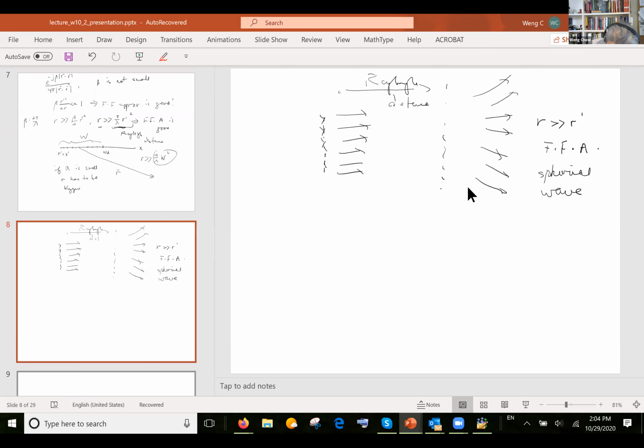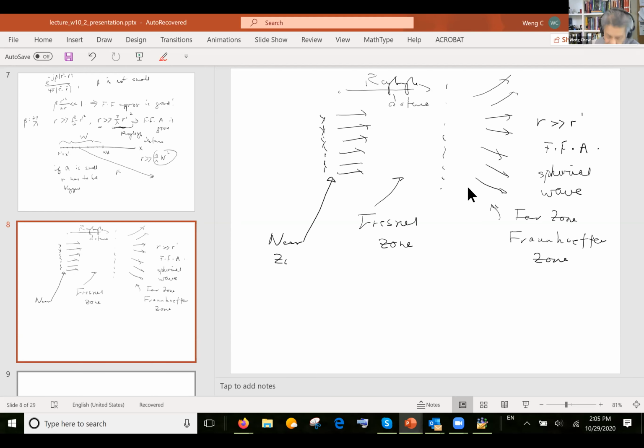And this is called the far zone. This is sometimes called the Fraunhofer zone in German. Fraunhofer zone. And this is called the Fresnel zone. Fresnel zone is the zone where the far field approximation is not valid. And then here's the near zone.